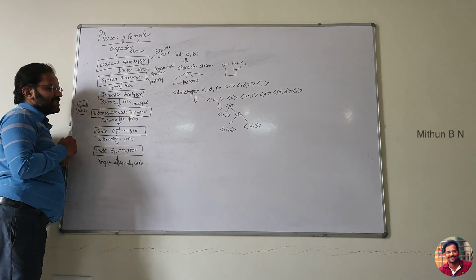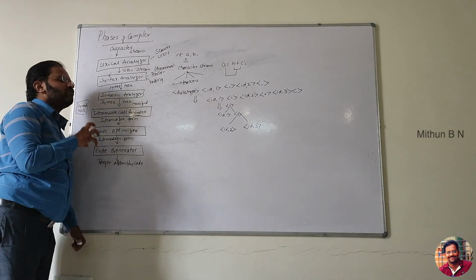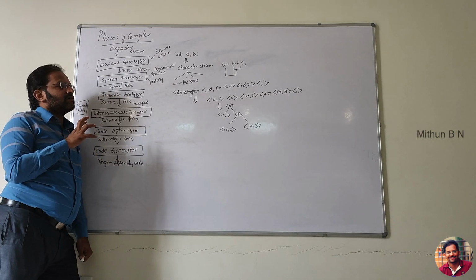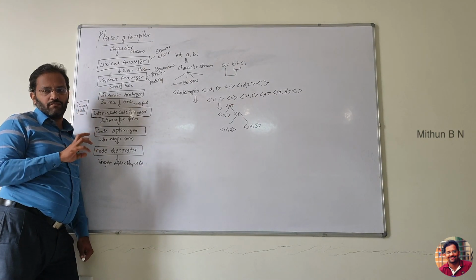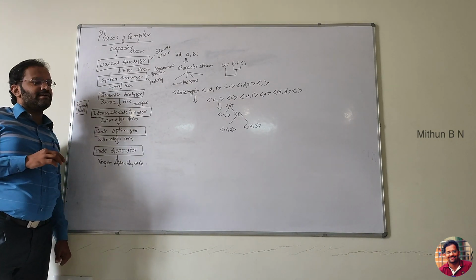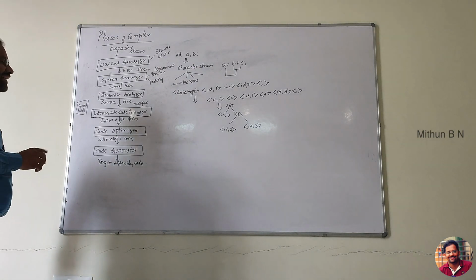Then the next thing is the semantic analyzer. What is the semantic analyzer? It tries to check the meaning of the statements, whether it is properly meaningful. One best example is whether it works properly with data conversions.